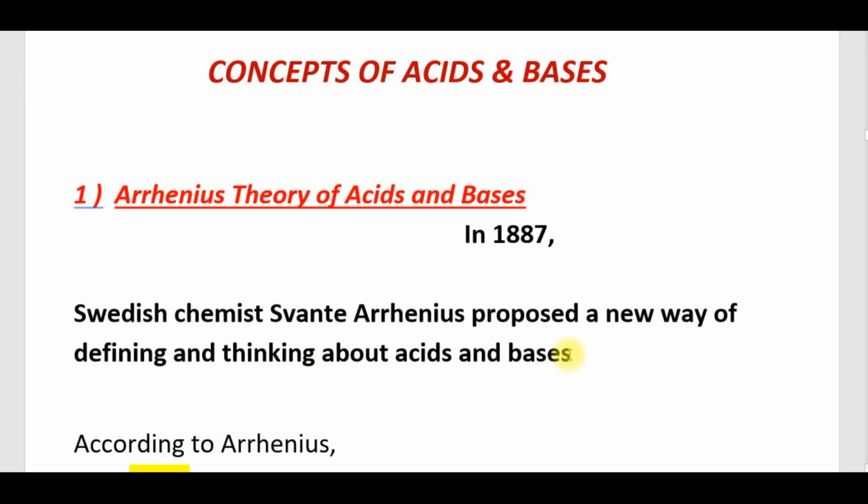Before that, they did not know which substance would act as an acid or which would act as a base. From 1887 onwards, they proposed that if a substance produces H plus ions, it will act as an acid, and if a substance produces OH minus ions when dissolved in water, it will act as a base.